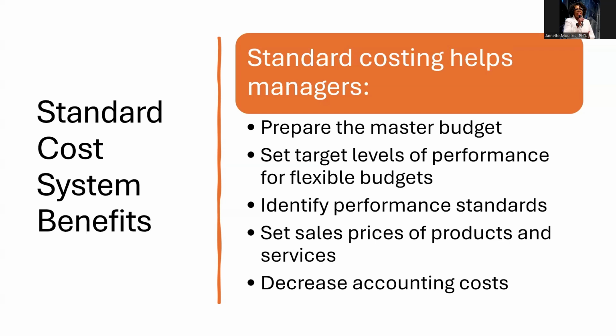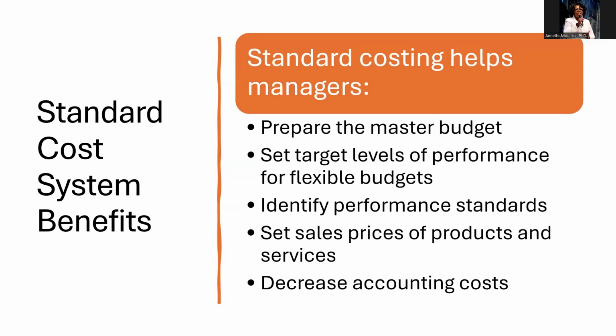They establish performance standards. They determine sales prices for products. They determine sales prices for services. They reduce accounting costs. Now, while developing and maintaining standard cost systems require upfront investment, the benefits outweigh the costs.